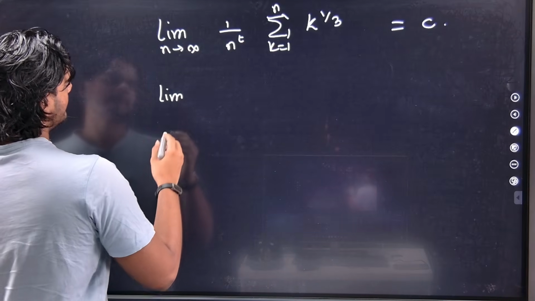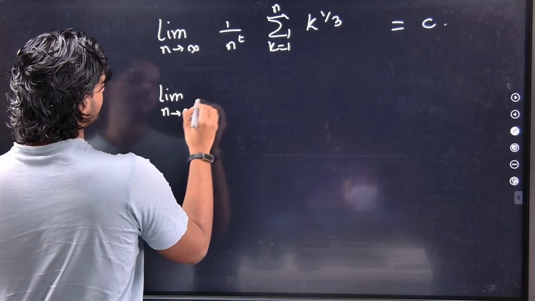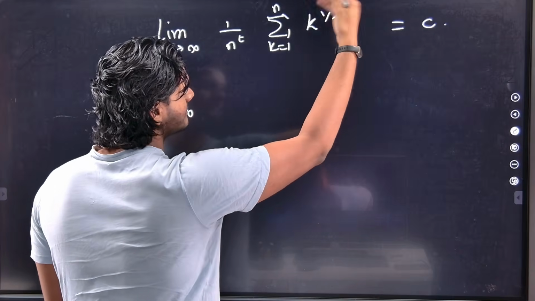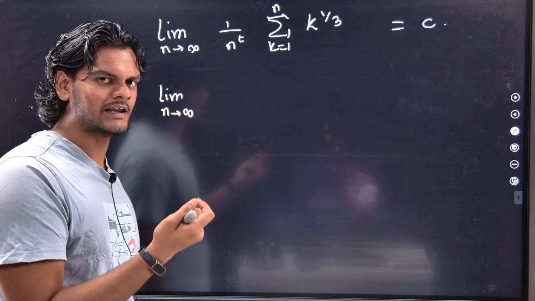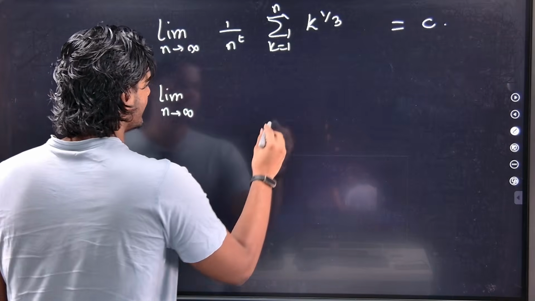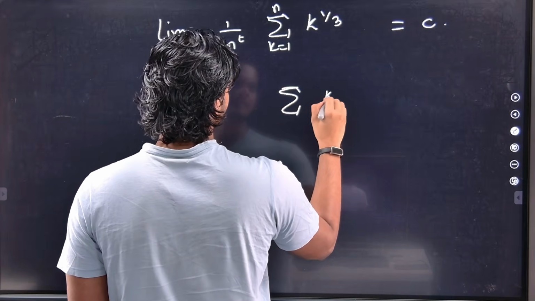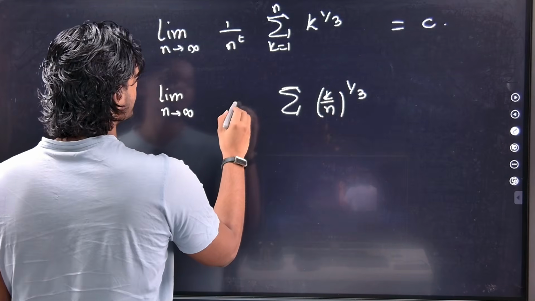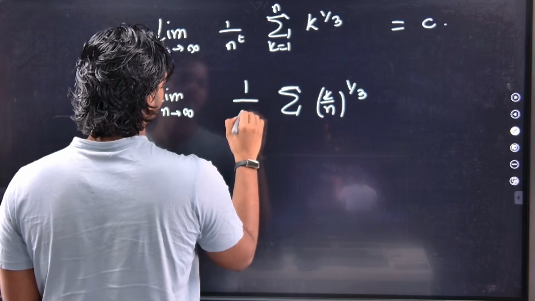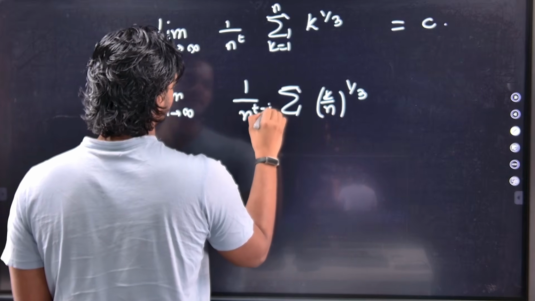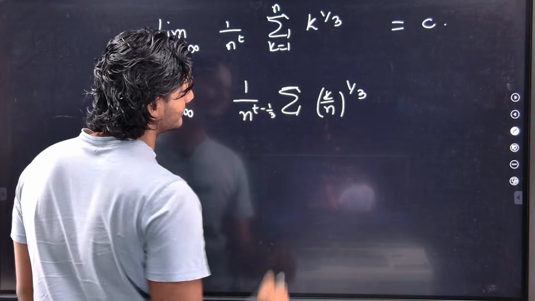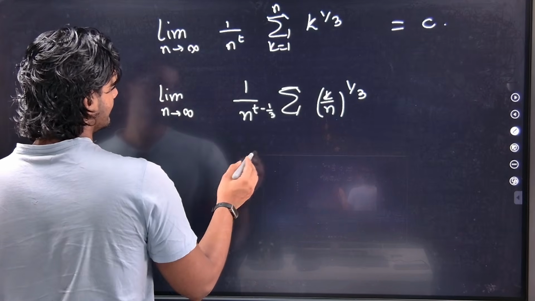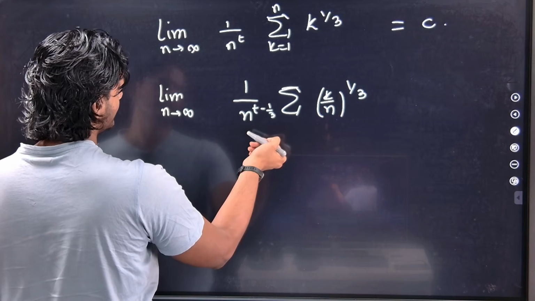That's the question. I want to write it as a function of k by n, so I want k by n whole power 1 by 3. So I need to get 1 by n power t minus 1 by 3, because one of the 1 by 3's goes inside, and I need to get a 1 by n outside.